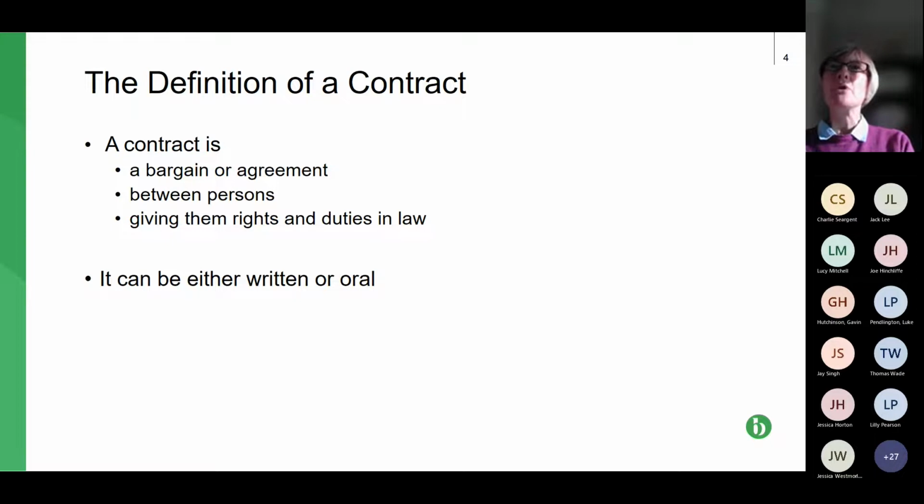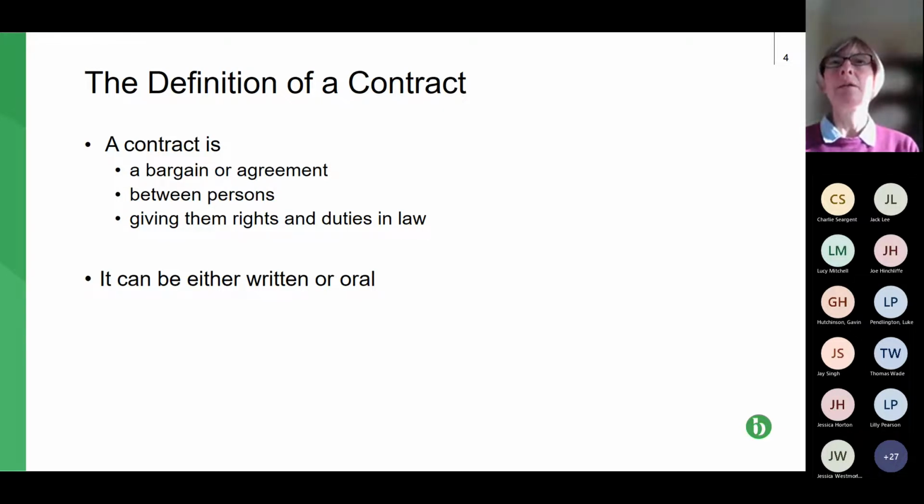So first of all, just looking at the definition of a contract. Now, there are lots of different types of law, but of course in construction, pretty much everything that we do is based on a contract.